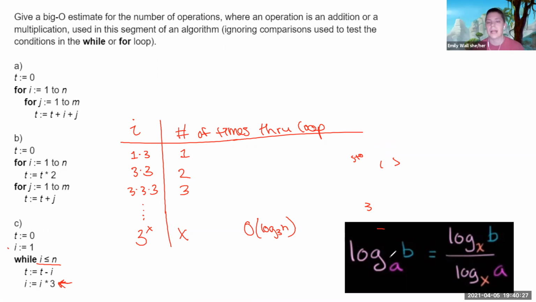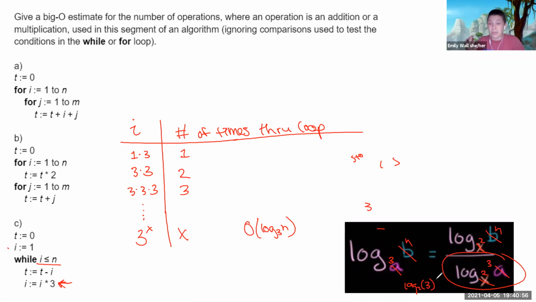So for example, right now we have log base 3 of n. And if we wanted to put that in log base 2 of n instead, we would come over here and the formula would say, fix it like this. We can move between log base 3 and log base 2 by this number right here, which is log base 2 of 3.